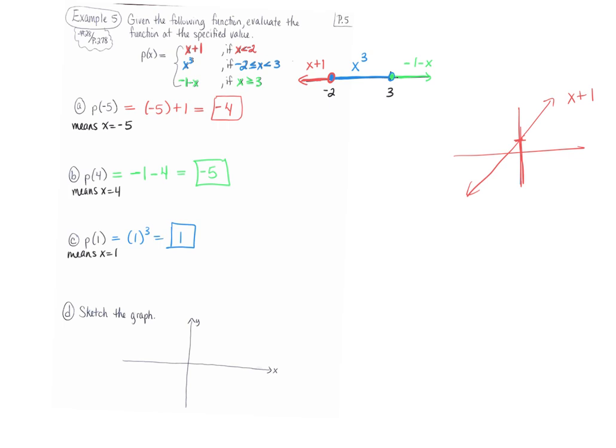So whenever you go over to -2, you get -2 plus 1. What's -2 plus 1? -1. So that means -2, -1 is a point. Here, we have an open circle because this is less than. We only want this portion. Everything else goes away because we're strictly less than -2. So we only want this chunk of our graph.